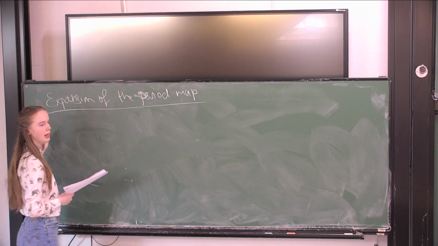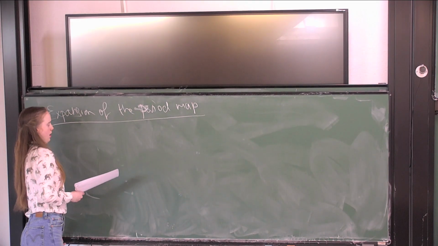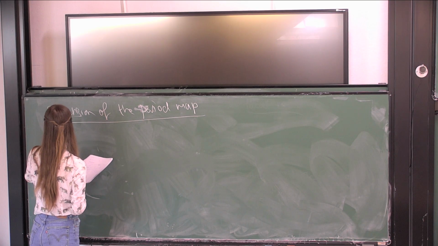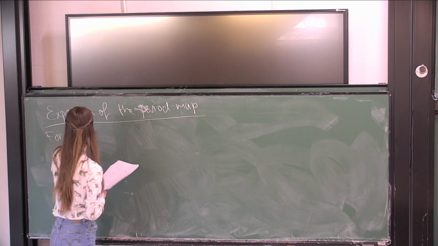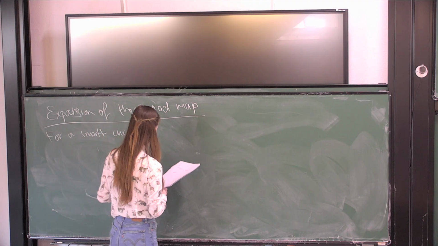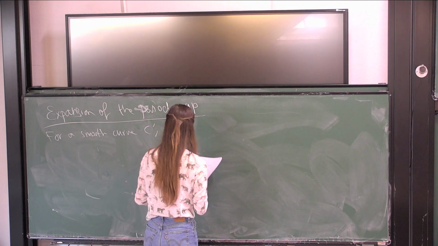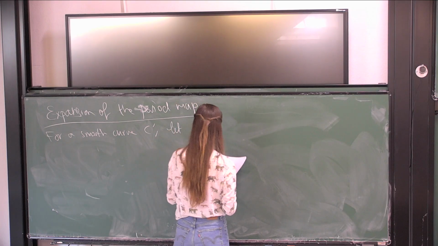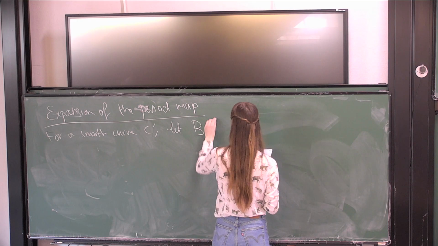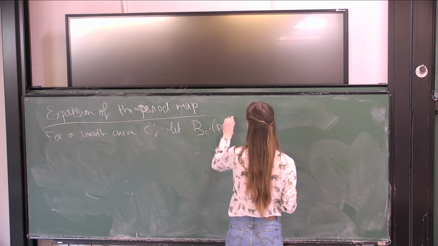Okay, so first I need to introduce some object that will appear in the expansion. So for a smooth curve, I denote it now by C prime, we have an object called the fundamental bidifferential, also known as the Bergman kernel.